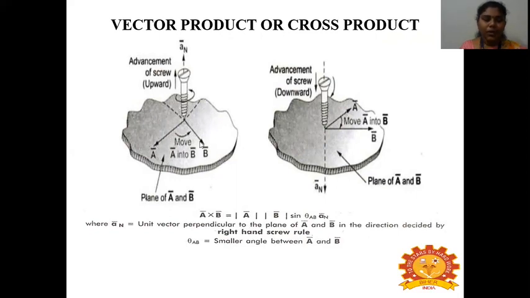If A is moved into B in a downward, clockwise direction, then the AN vector will be towards the downward direction. This AN is the unit vector perpendicular to the plane of A and B, and its direction follows the right hand screw rule. Theta is nothing but the smaller angle between the A and B vectors.